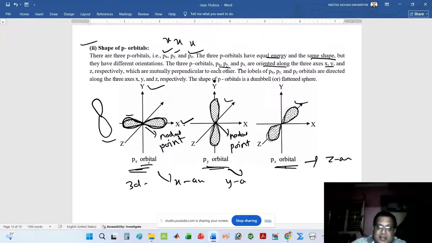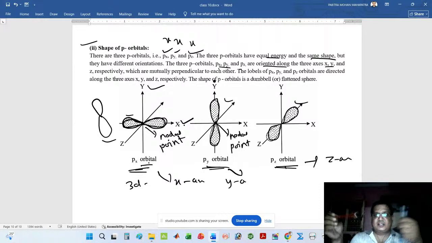Let me explain how the orbitals are present here. I want to take three pens, then I will clearly explain to you. Think that there are three axes present. Look at this.